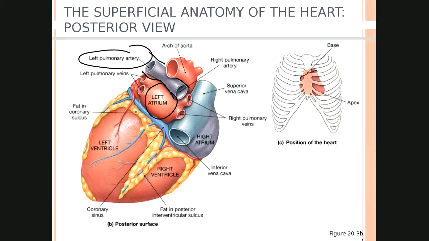You can see also the pulmonary veins as they arrive at the left atrium, which is something you did not see very well from the anterior view. So this is a posterior view. Make sure when you look at a heart, ask yourself whether you're looking at it from a posterior or anterior view, because that will vary the types of structures that you see.